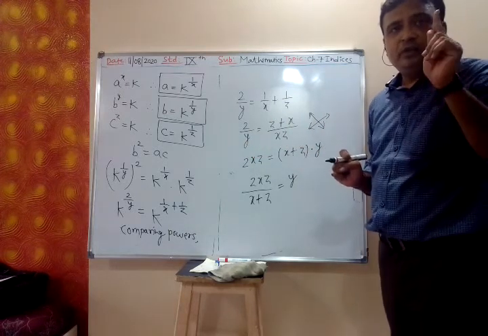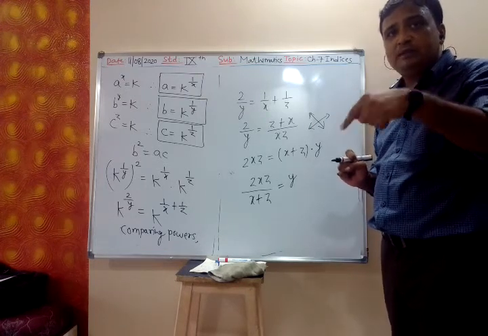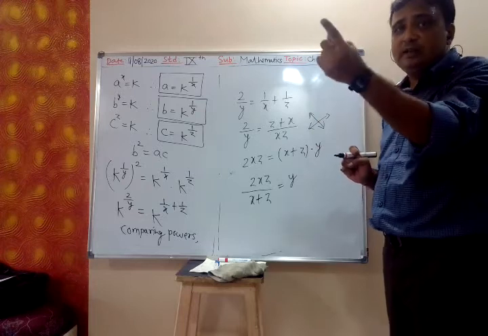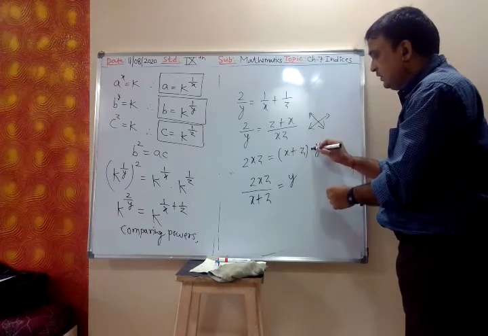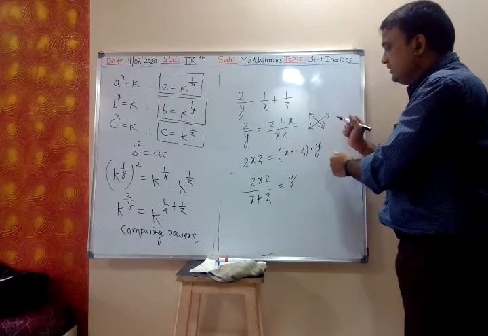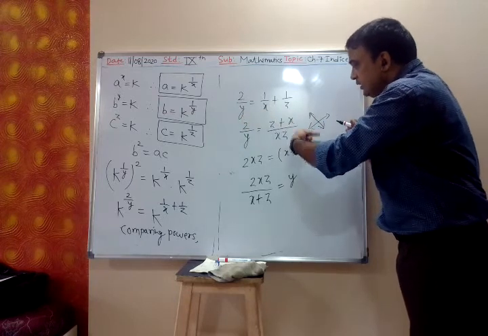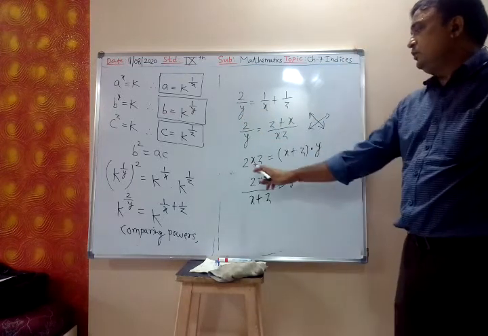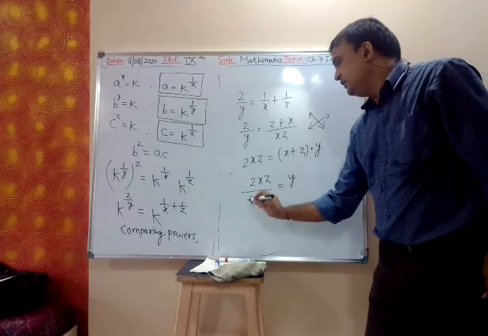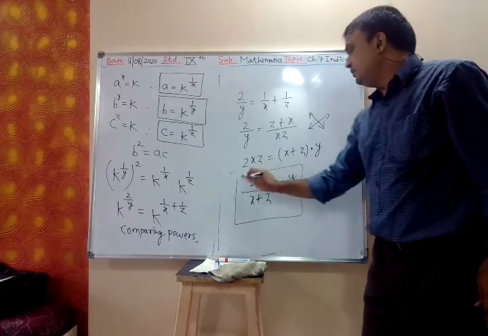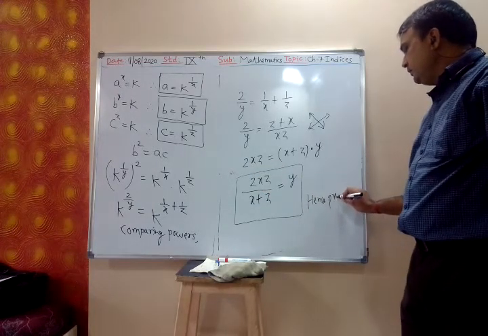Remember, whenever you change the side, plus becomes minus, minus becomes plus, multiplication becomes division, division becomes multiplication. So 2xz upon x plus z is y. And this is what we want to prove.